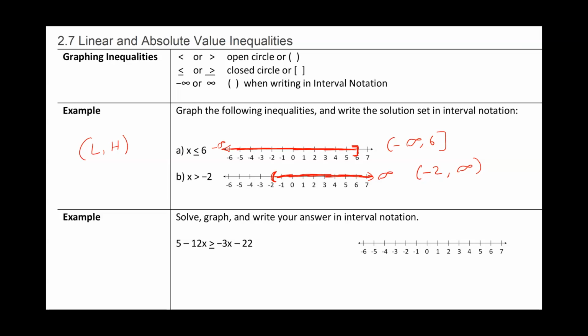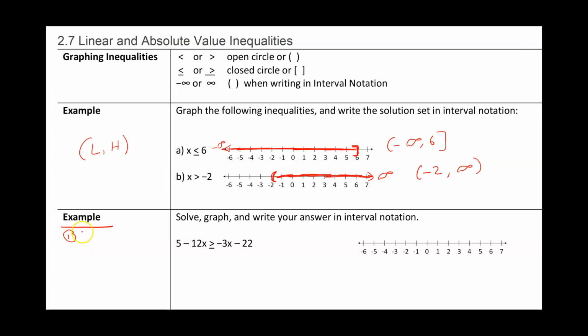Next, we want to solve this inequality, graph it, and then write the solution set in interval notation. To solve the inequality, we will use the same steps as an equation with 2 exceptions. Exception number 1: in equations, we can move the variables to the left or to the right. It doesn't make a difference.